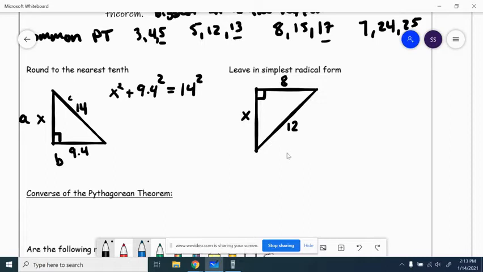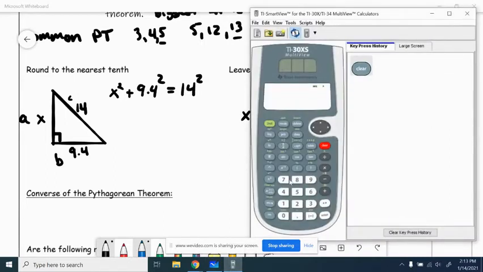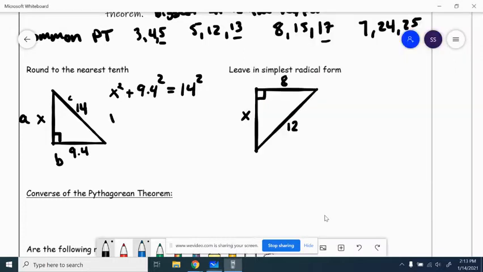Now we can just go over to our calculator. 9.4 squared, you can hit this x squared button, and we get 88.36. So x squared plus 88.36 is equal to, we'll do the same thing for 14. 14 squared is 196.